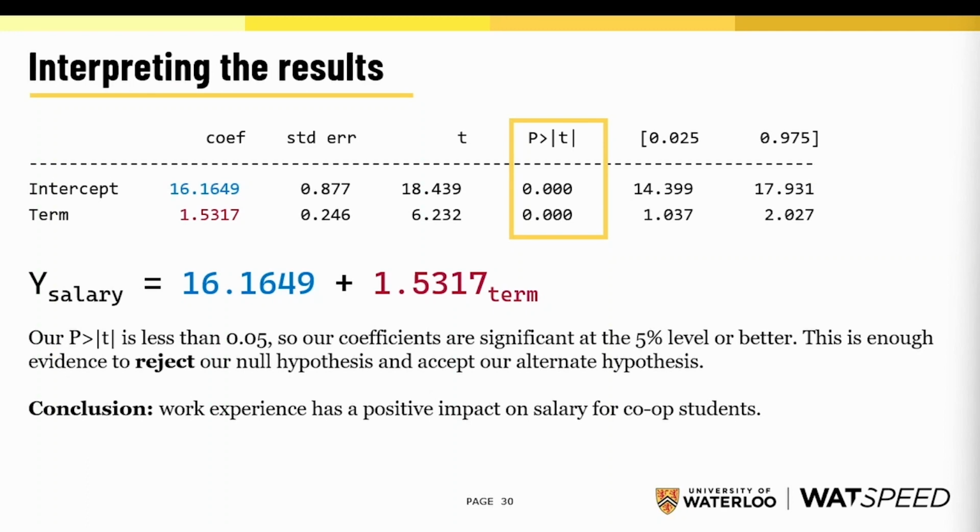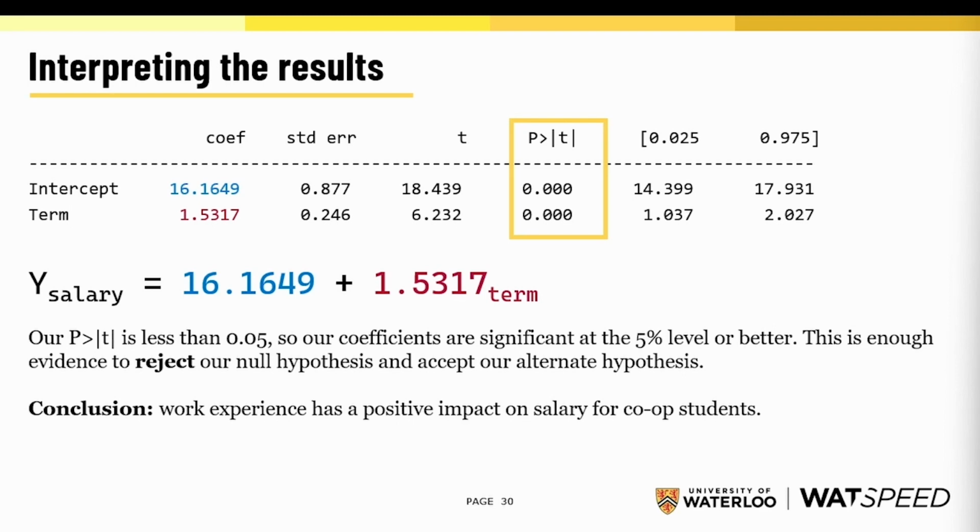Well, if we write this into a regression formula, our intercept is 16.1649. And for each term that we increase, we expect our salary to go up by 1.5317 units. Recall, our P greater than t is less than 0.05, so our coefficients are significant at least at the 5% level or better.